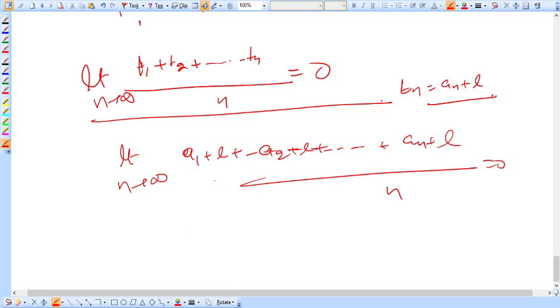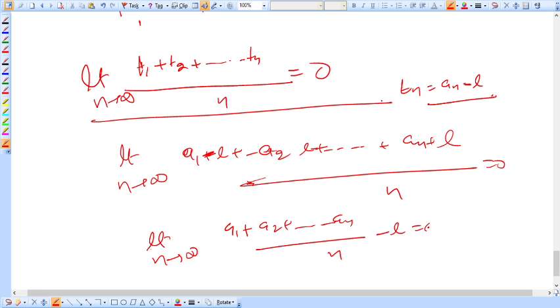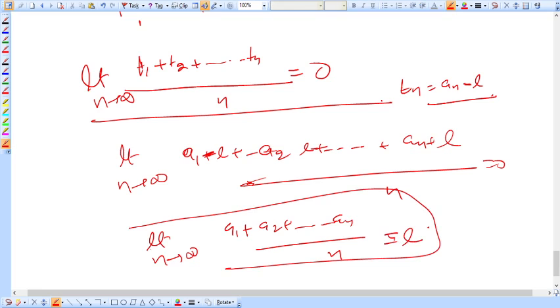Oh, I'm sorry, Tn is equal to an minus L, so it is minus here. In this way we get limit n tending to infinity of a1 plus a2 up to so on divided by n, minus L is equal to 0. Taking this limit to the other side, we get this is equal to L. So in this way we have proved the theorem, right?